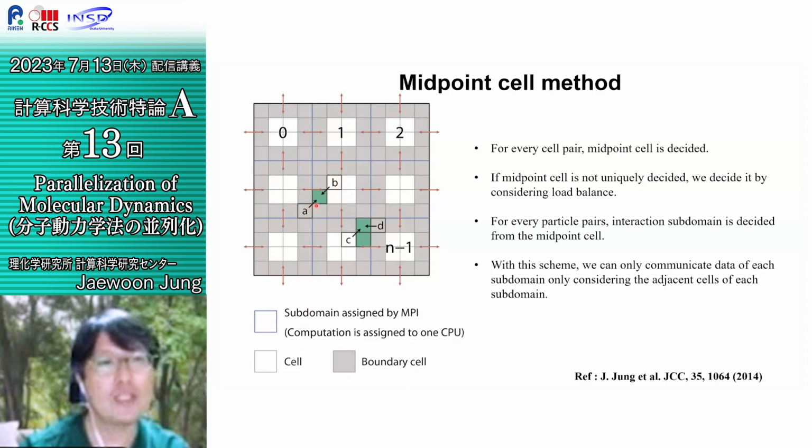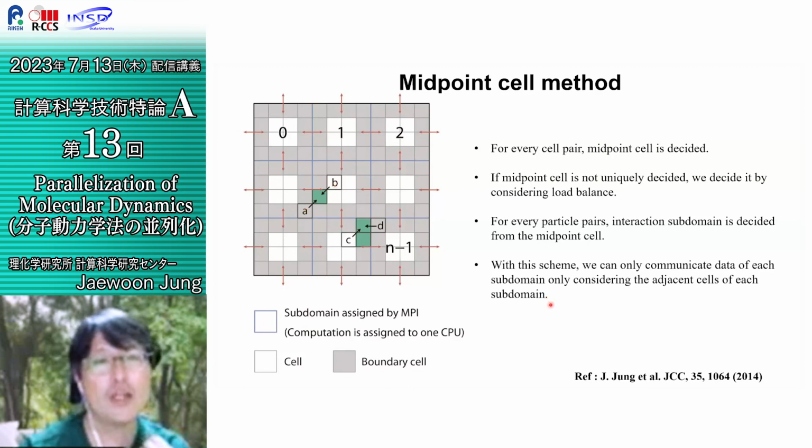For these cell pairs, the midpoint cell is here, and the interaction between the particles here and here is considered here. The MPI processor including this cell is this processor, so this processor calculates the interaction between the particle located here and here.